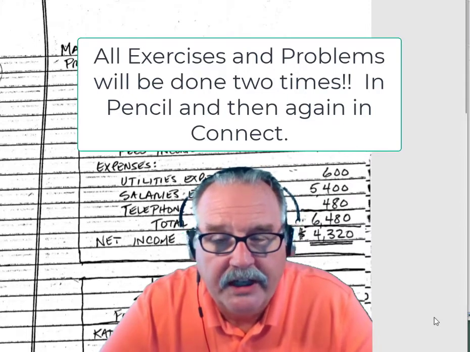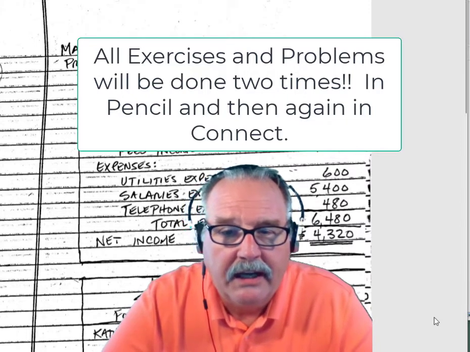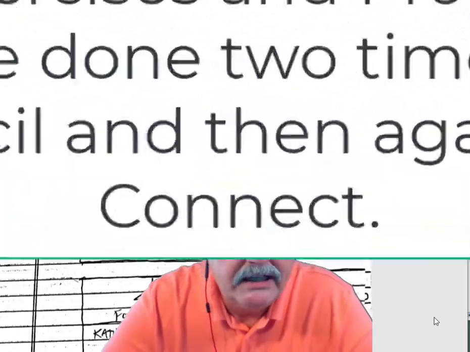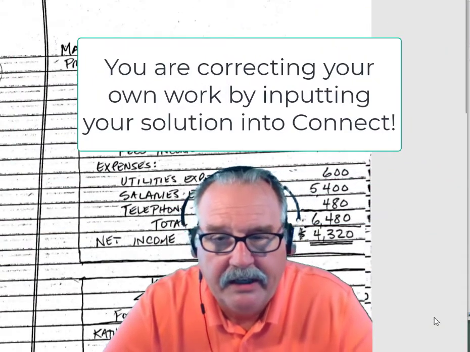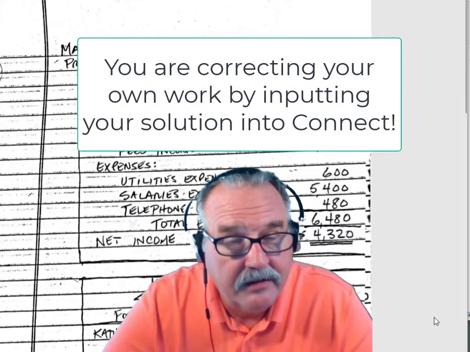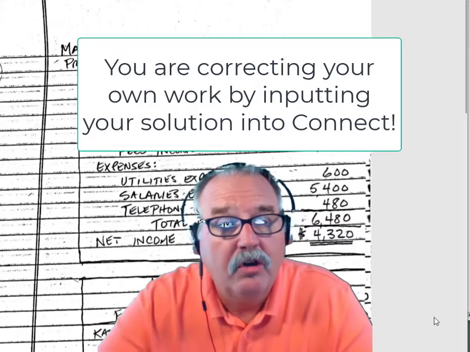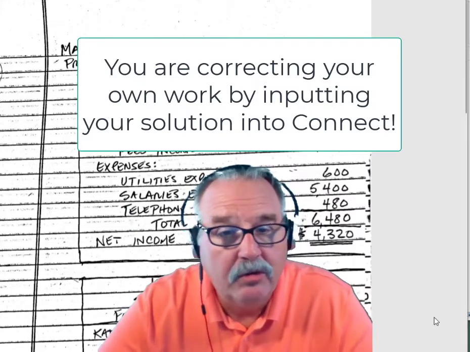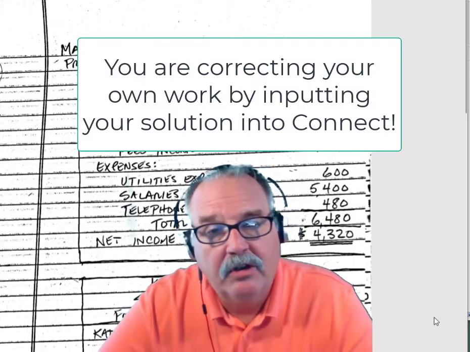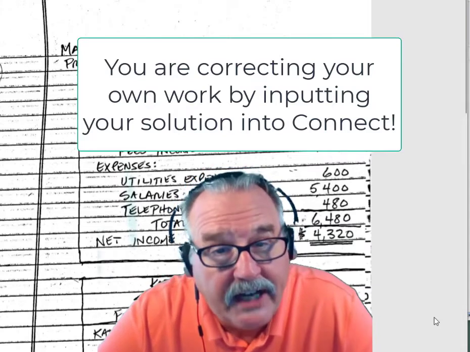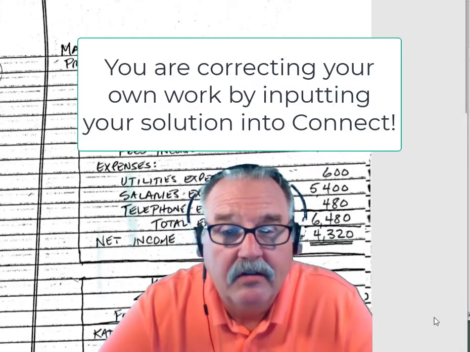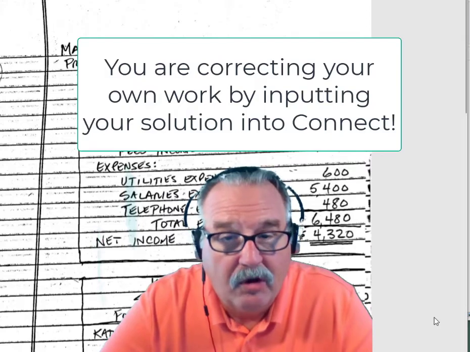If you haven't used Connect yet, you will, and I will provide a video on how to get in there and how to navigate around. But the point is, you're going to do the work twice. You're going to do it once in pencil, and then you're going to put it into Connect. In effect, what you're doing is you are correcting your own homework.